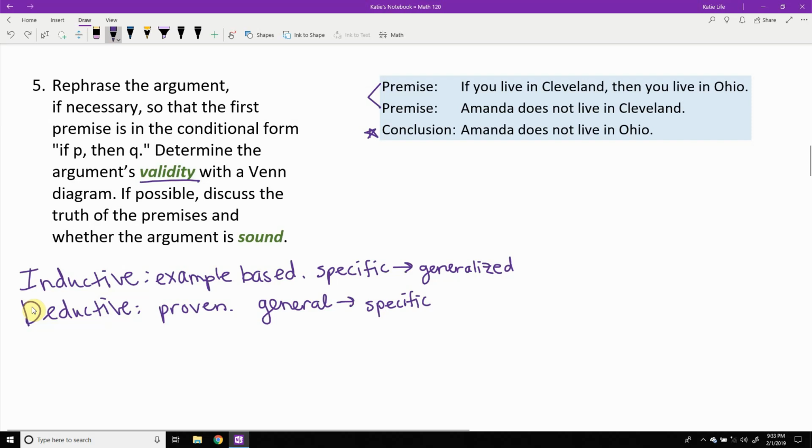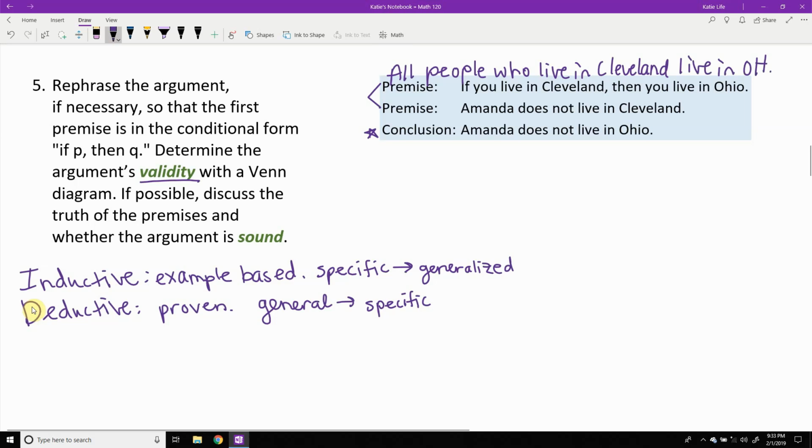Another way to say that is that all people who live in Cleveland live in Ohio. So all Clevelandites are also residents of Ohio.